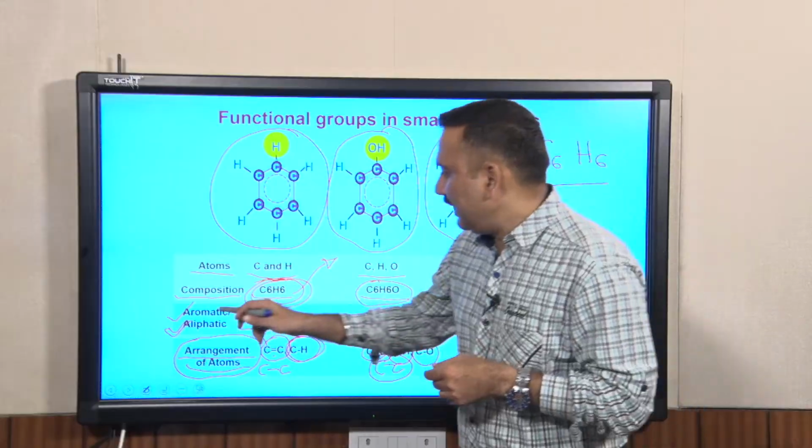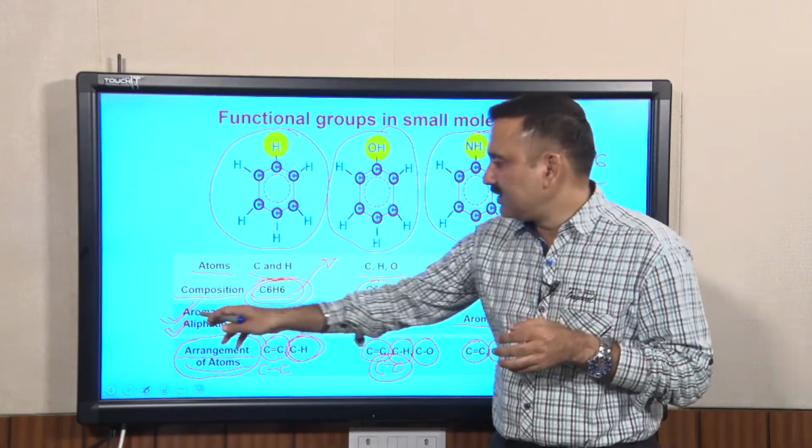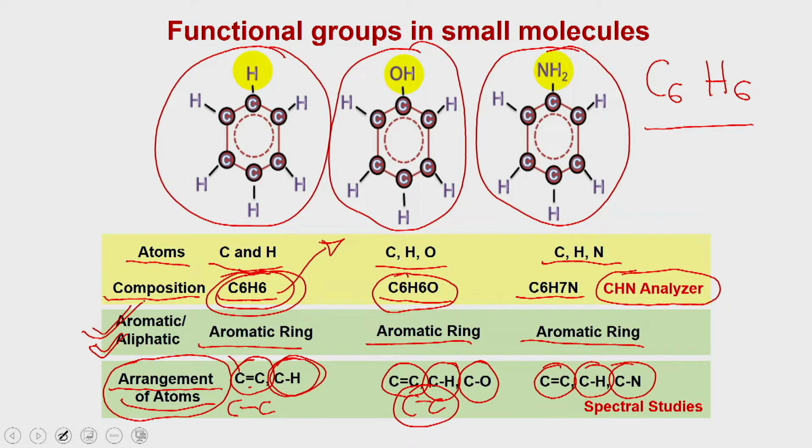Then if it gives you the reaction of an aromatic compound, this means you are on the right track, because the CHN analysis already says that it is C6H6, which means it could be a benzene molecule. Once you get the second characterization, that means whether the compound is aromatic or aliphatic, it will say that okay, this is benzene.